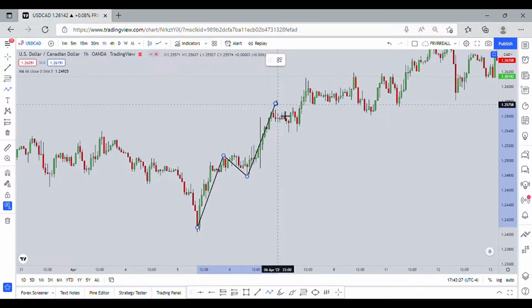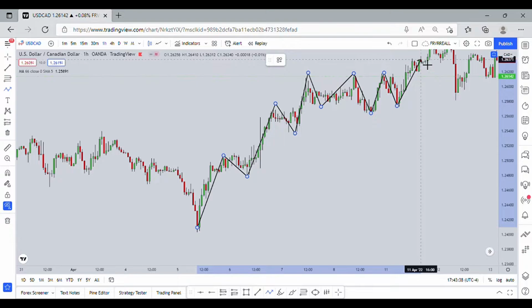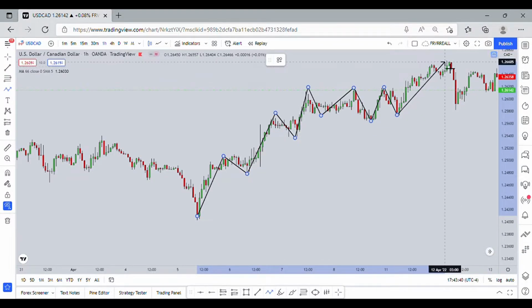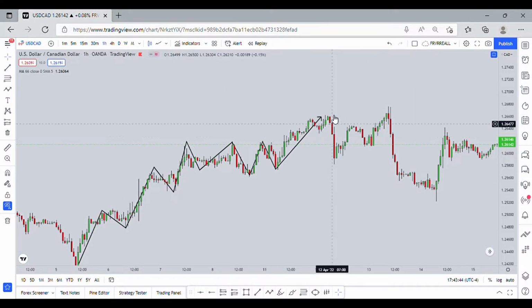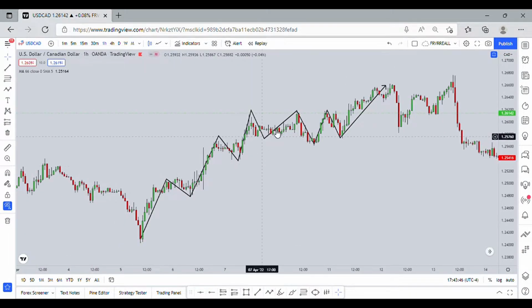Retracement, impulsive move. Retracement, impulsive move. Retracement, a bit of a range here, impulsive move, retracement, impulsive move, retracement, impulsive move as well. And then it keeps doing that over and over again.